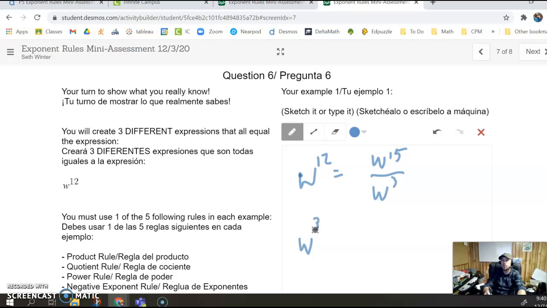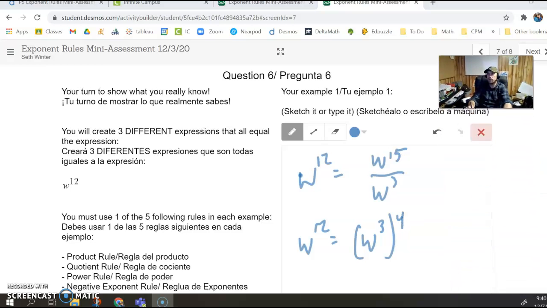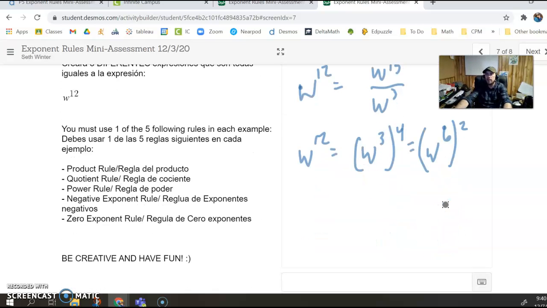We could use the power rule. We could say w to the 3rd to the 4th power, because 3 times 4 is 12. We could also say w to the 6th to the 2nd. There's a ton of different ways of writing that.